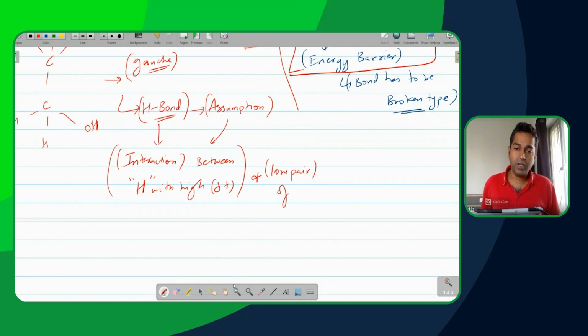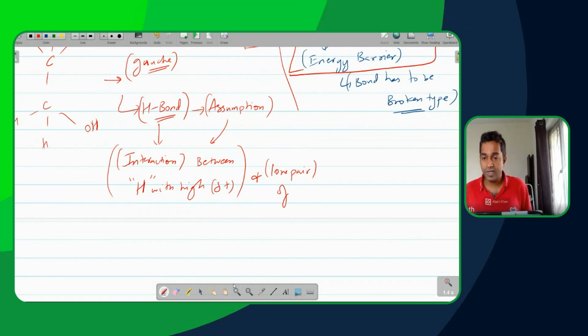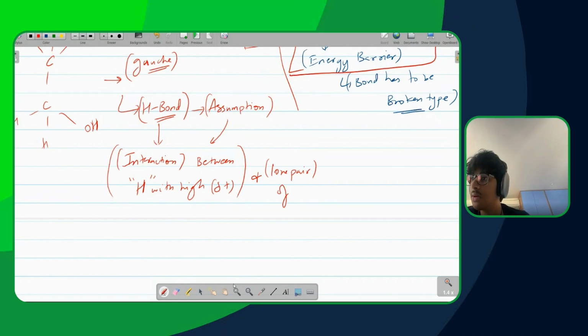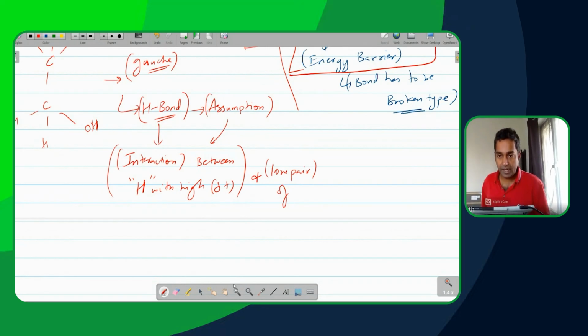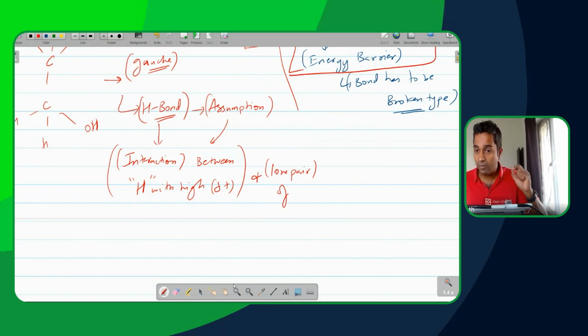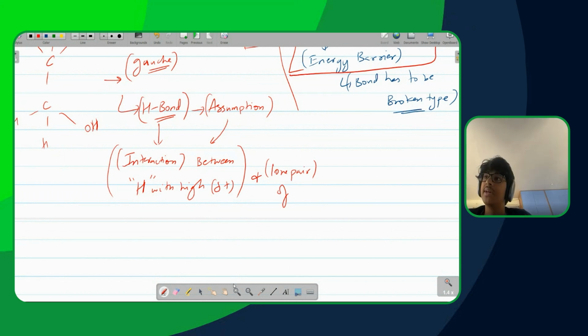Why not chlorine? Why not something else? What was the reason? Size. Good. So effectively, the idea there is it has to be a second period element, so the lone pair has to be in the vicinity. Okay, understood.